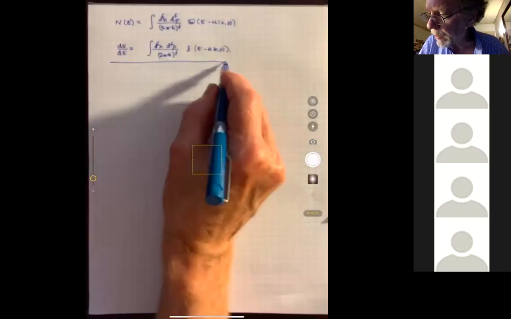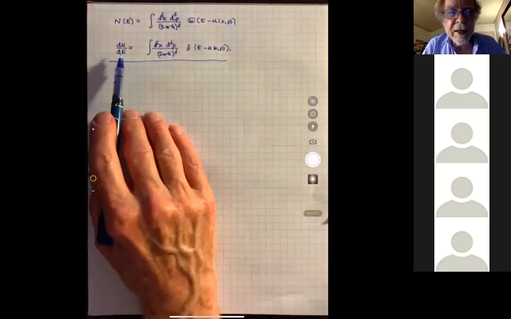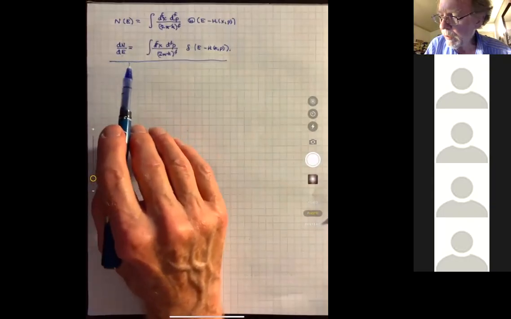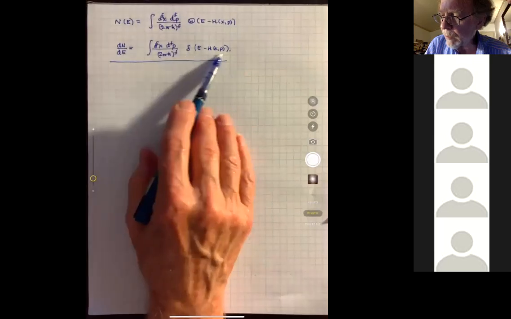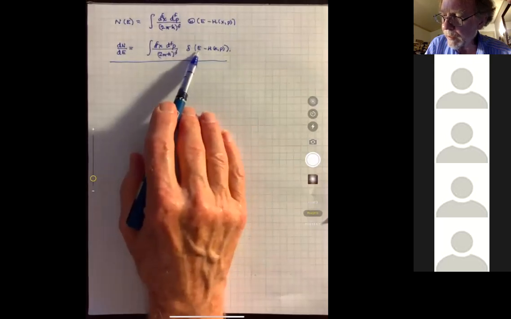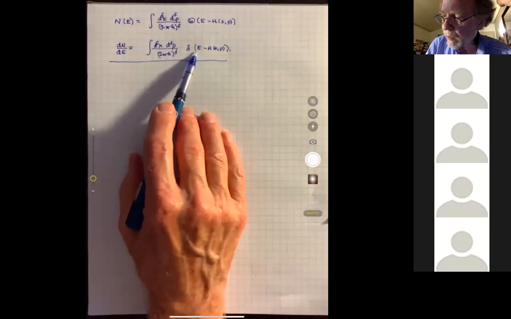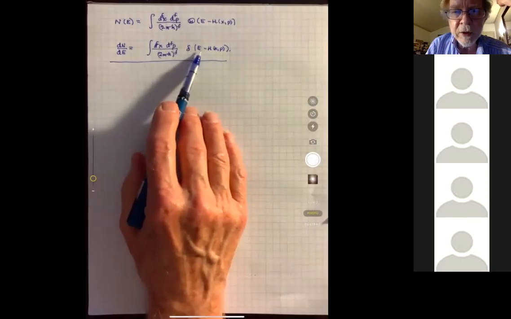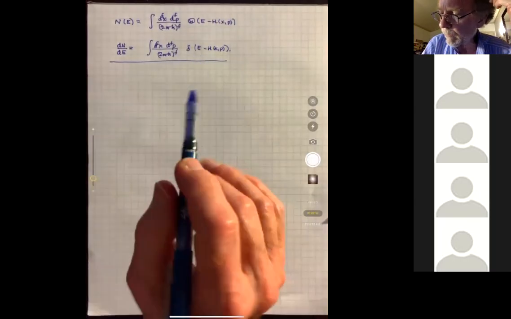And what you can see then is the density of states in quantum mechanics, the number of states that increase with a small increment in energy, is related to the amount by which the energy shell in the 2f dimensional classical phase space increases when the energy increases. A little delta function right there at the surface of what you'd call the energy shell.